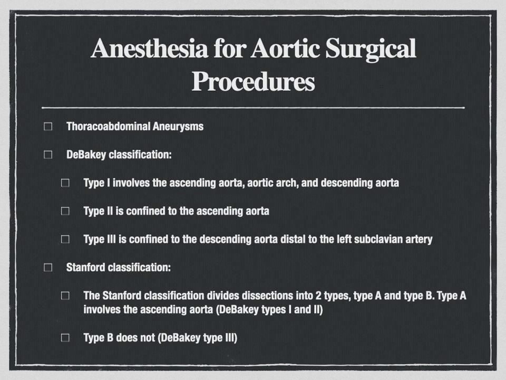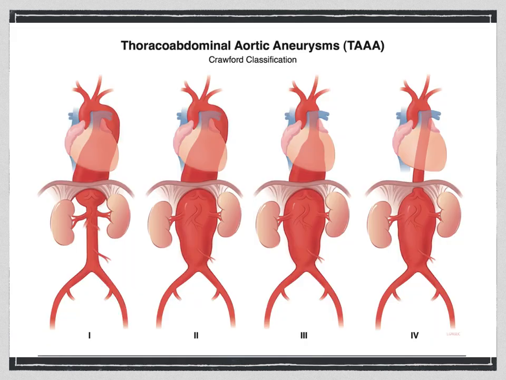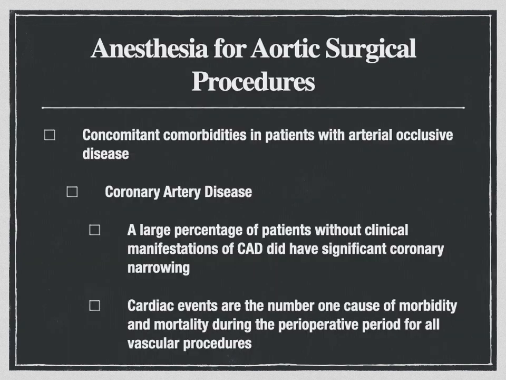And you can see a little cross-reference with the DeBakey types when compared to the Stanford classification. And this is one of numerous pictures that you could find that would classify this one here using the first one we talked about, the Crawford classification.